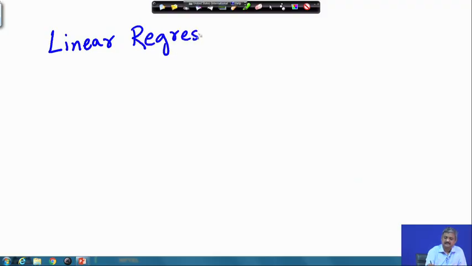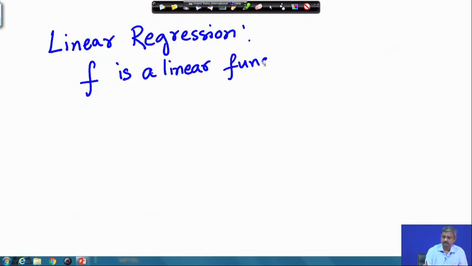So, what is linear regression? It is when f is a linear function.